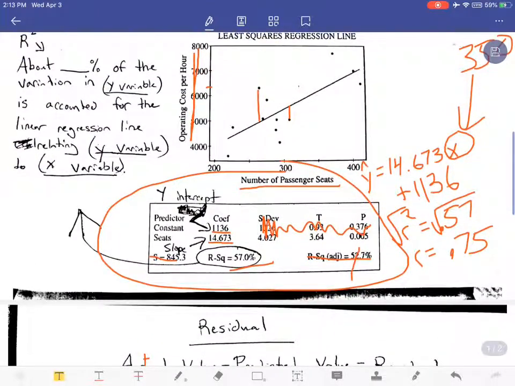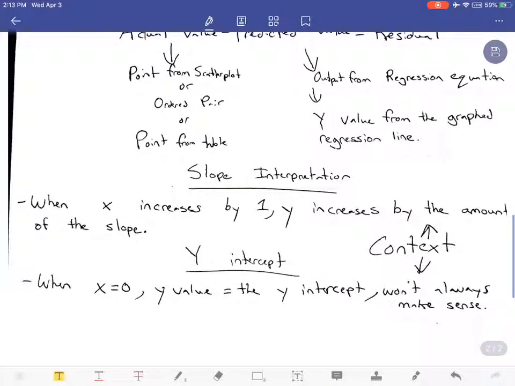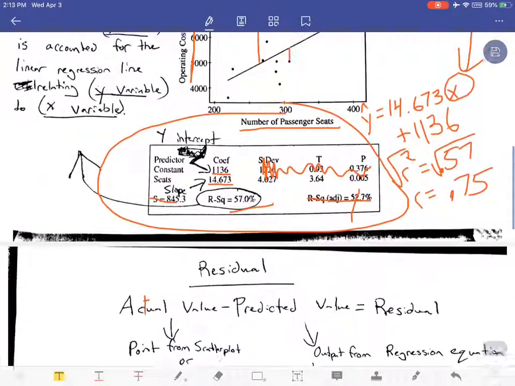And then for the y-intercept, a lot of times this probably won't make sense, just given the context of the problem. But the way that we interpret that is when x equals 0, y equals the amount of the y-intercept. Like I said, it doesn't always make sense, like this example.